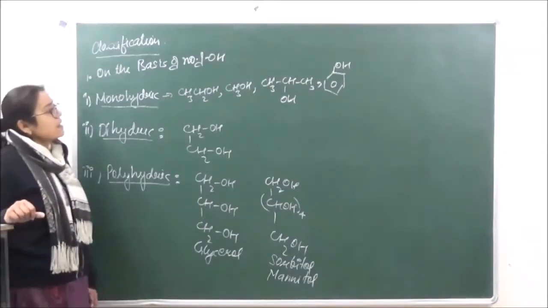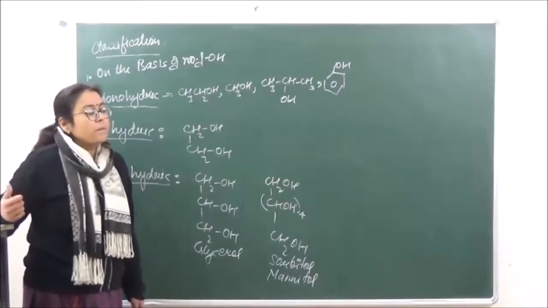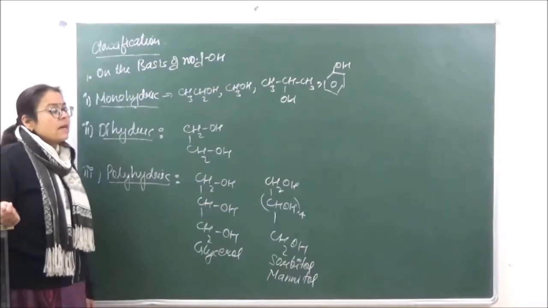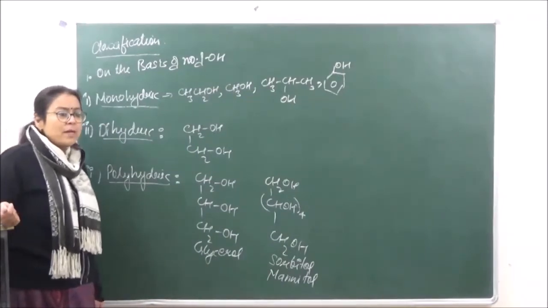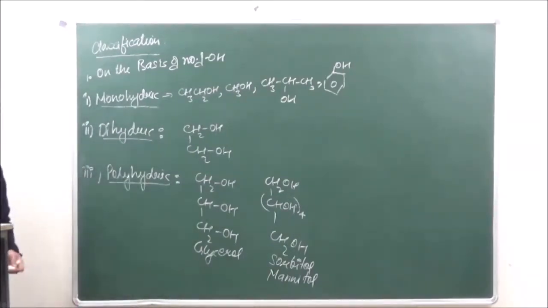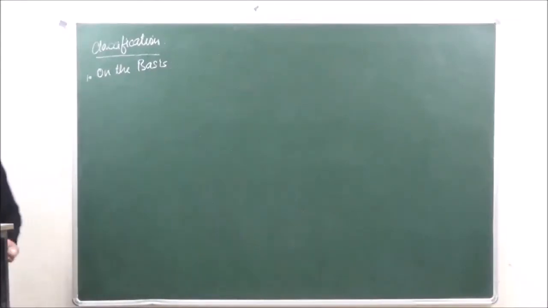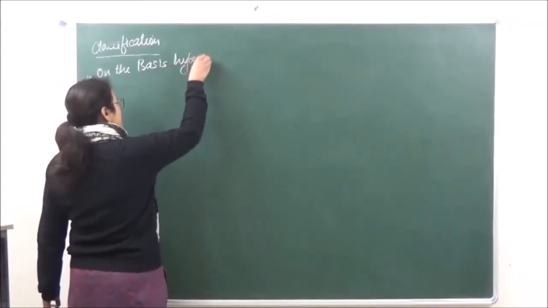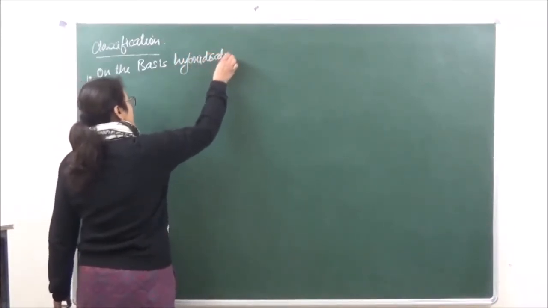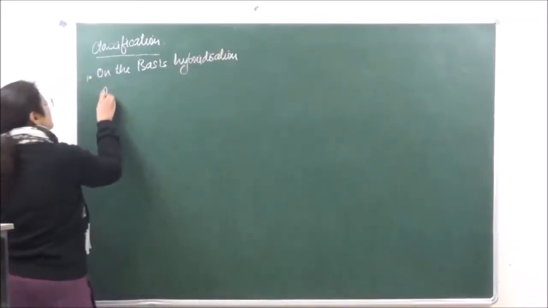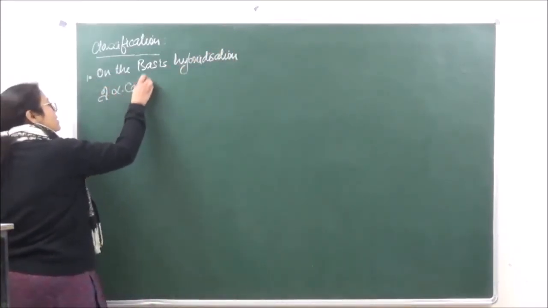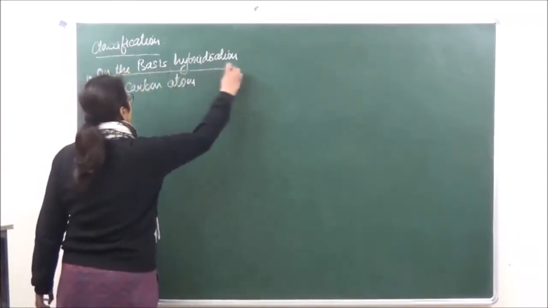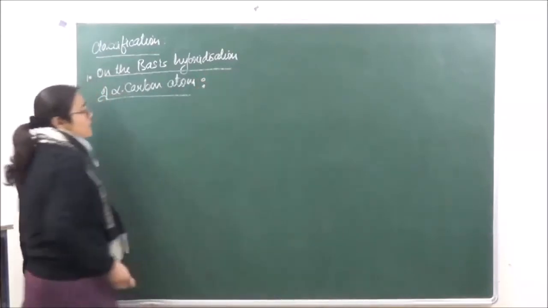The second classification which we are going to do is on the basis of hybridization of the alpha carbon atom. Alpha carbon atom is the carbon atom to which the functional group is attached.